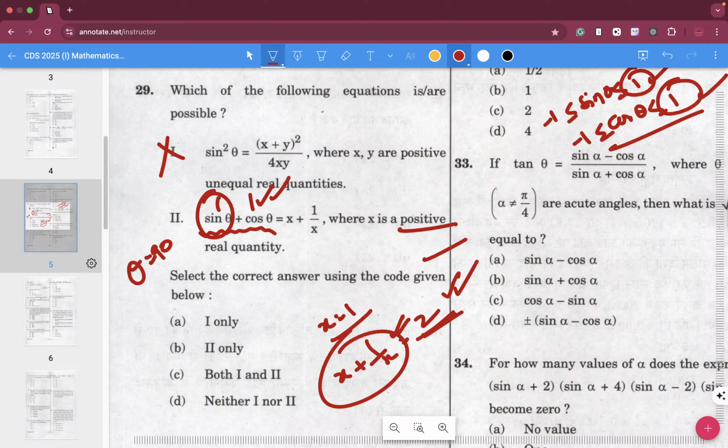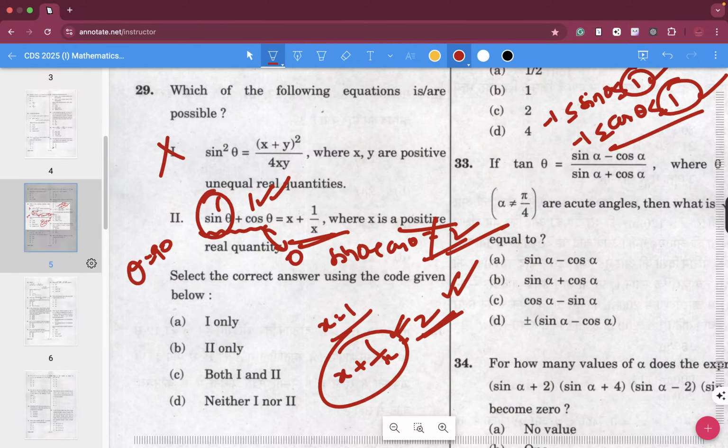But at 90, the cos theta value is how much? Cos 90 is 0. So sine theta plus cos theta can never be equal to 2 at the same time, and so x plus 1 by x is also not possible.